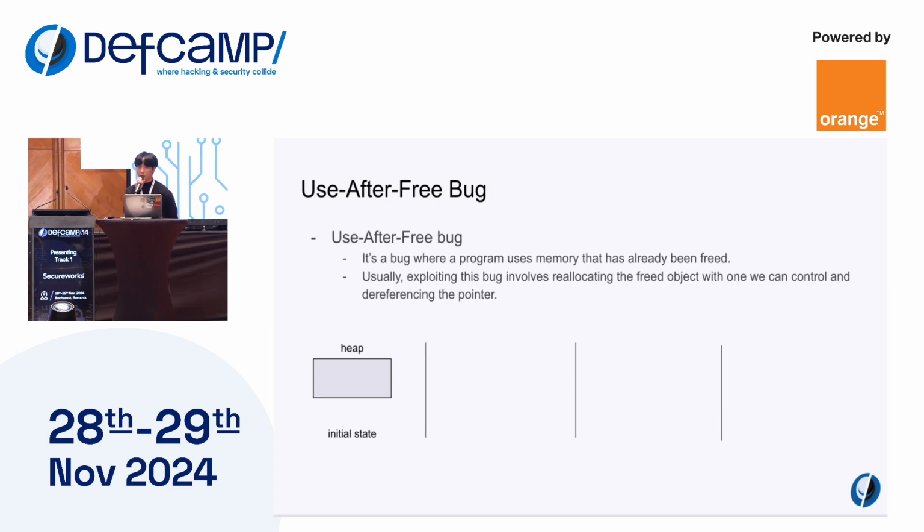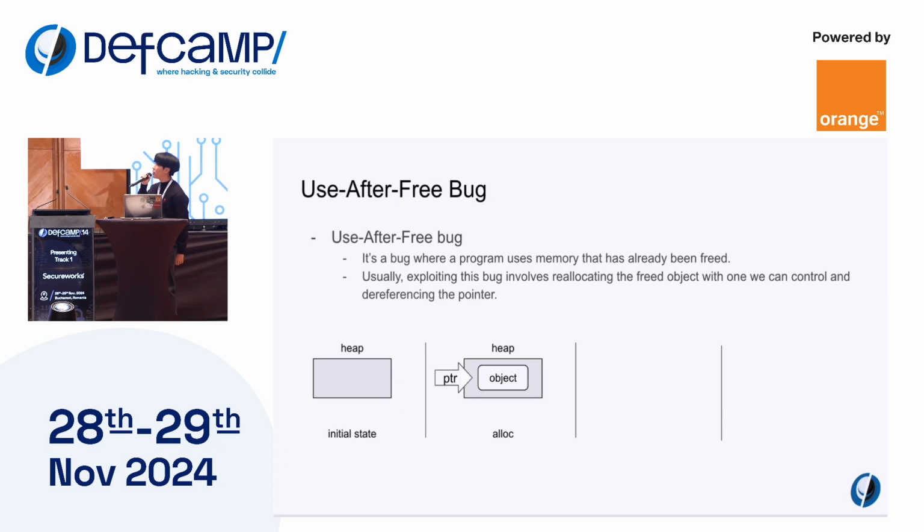The use-after-free bug, or UAF, happens when a program tries to use memory that has already been freed. I will show you scenarios that explain how a UAF bug is triggered in a normal C or C++ program. Let's start with an empty memory space.